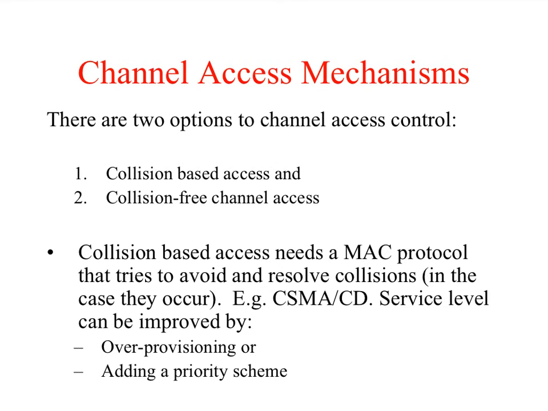Because when they generate a random number using a uniform distribution, the probability that any of them will gain access to the channel first is equal. Which means that over a very long period of time, they will have fair access to the channel.